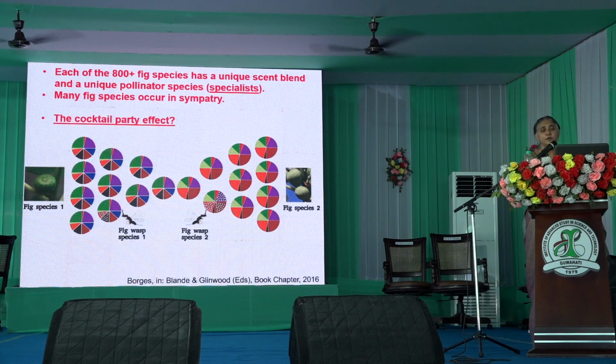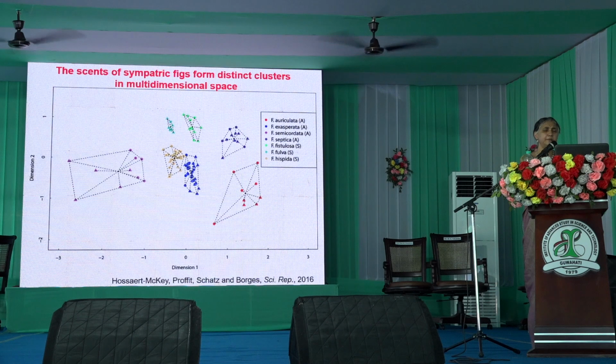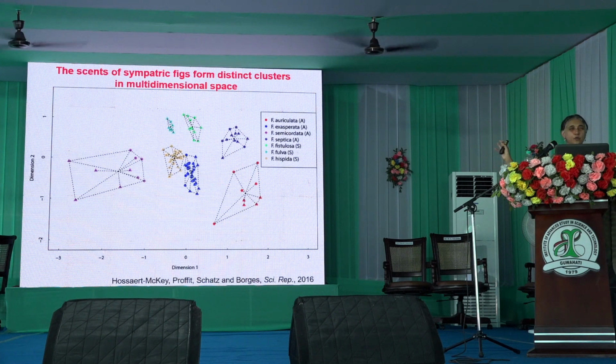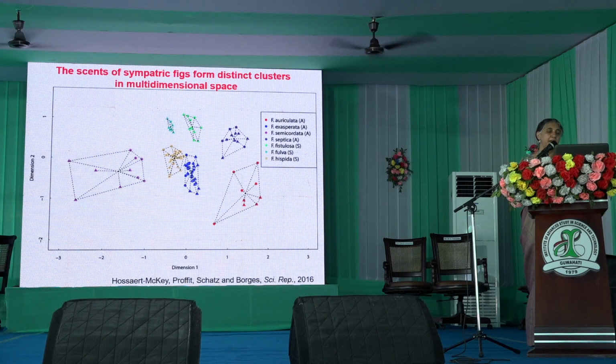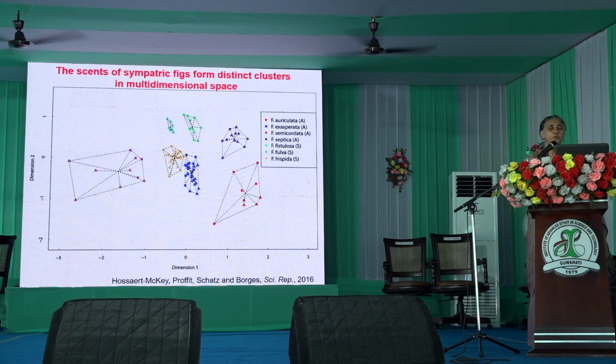So we've been asking the question, how are we sure that wasps do not make mistakes? We've been able to demonstrate that if we look at the volatilome of fig species that occur in the same area, all their odors are very distinctly separated in multidimensional space, which means that yes, the wasps should be able to differentiate between the odors coming from different figs.